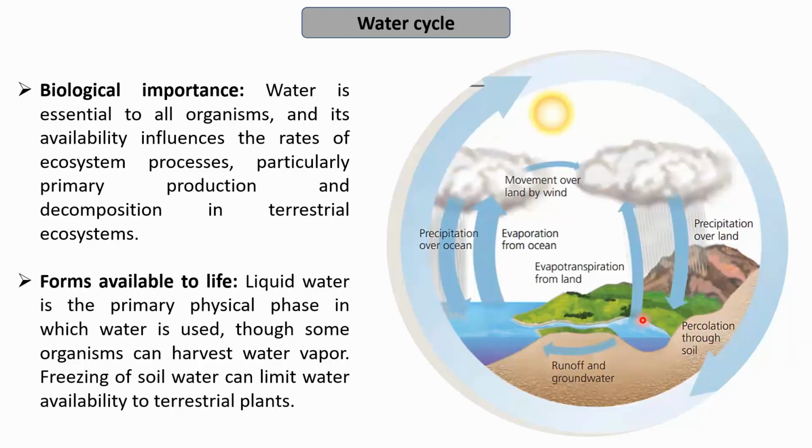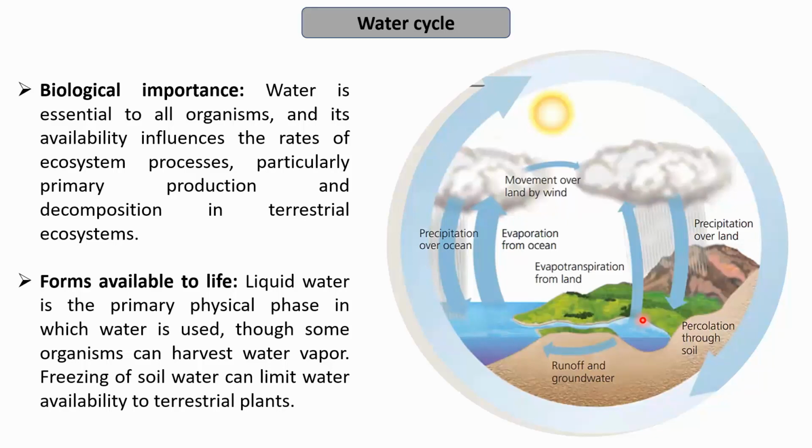Now, what are the different forms of water that are available to life? Liquid water is the primary physical phase in which water is used, though some organisms can harvest water vapor. Freezing of soil water can limit water availability to terrestrial plants.